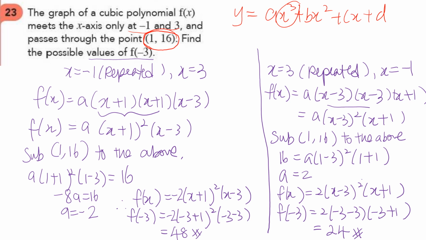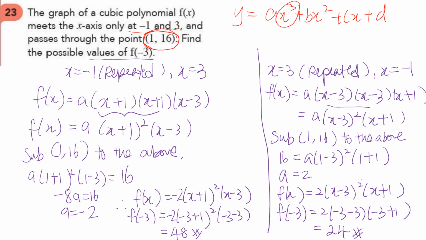Most likely a is not 2 there. Yeah, 16 divided by 1 minus 3 squared. Some calculation error. A is 2, correct here. Substitute x to be negative 3: negative 3 minus 3, negative 2. So it's 2 bracket negative 6 bracket negative 2, 24. Wait.